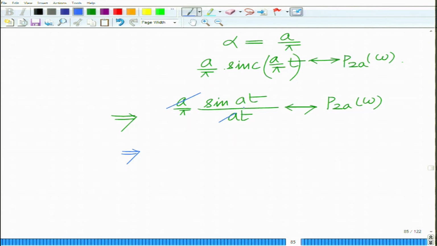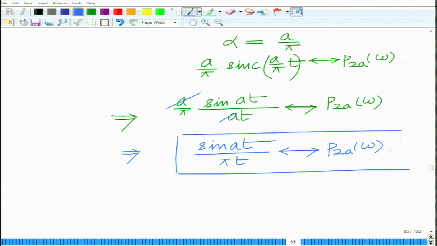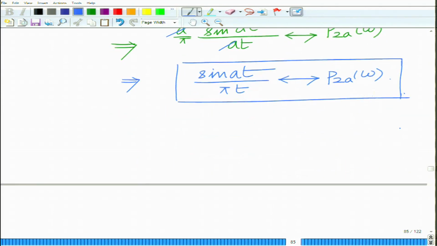Now, you have the a cancelling. So, sine a t by pi t has the Fourier transform p of 2a of omega. This is a pulse of height 1, width 2a.